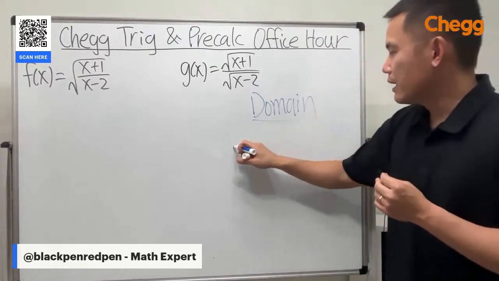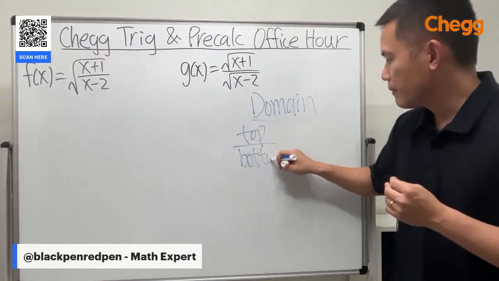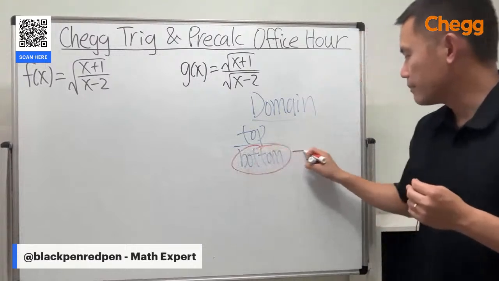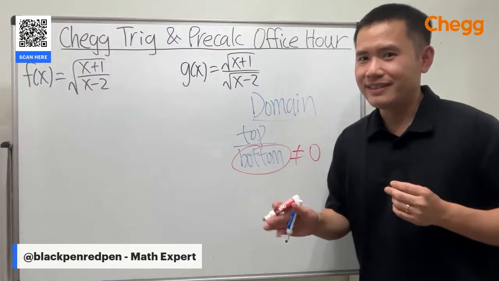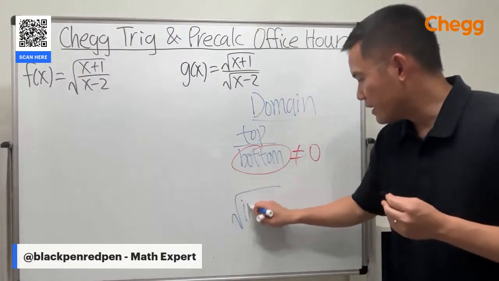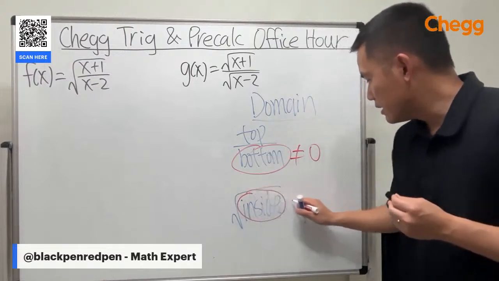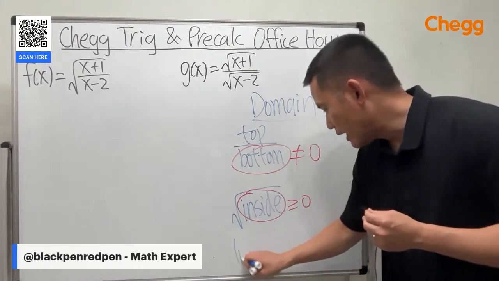3 things. First, when you have a fraction, top over bottom, you will have to make sure the bottom cannot be 0. Dividing by 0 is not defined. Next, square root. If you have an expression inside, you will have to make sure the inside is greater than or equal to 0.